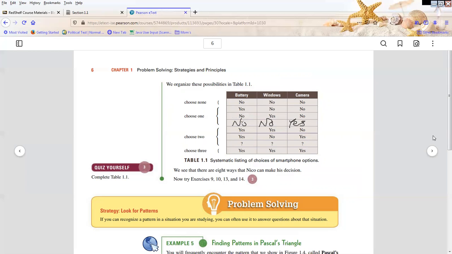And then we move on to the ability to choose 2 items, which means we're rejecting one. So we don't get the camera in the 5th row. We don't get the windows in the 6th row. So we don't get the battery here in the 7th row. And then the very last row is all 3 options.